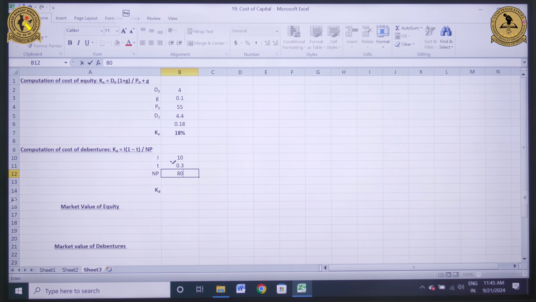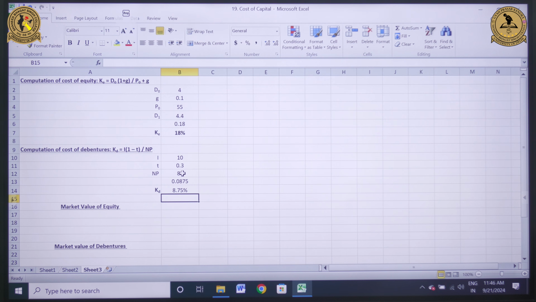So my net proceeds is 80. So equals to interest multiplied by 1 minus tax rate represented by B11, bracket close, divided by net proceeds represented by B12, and press enter.